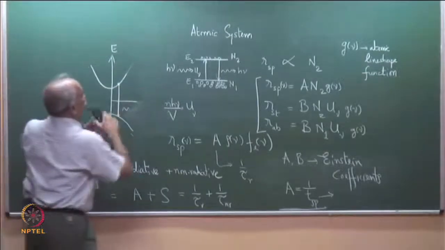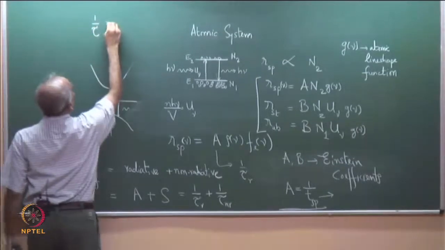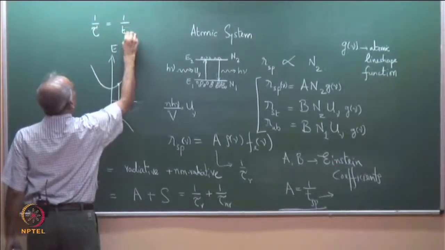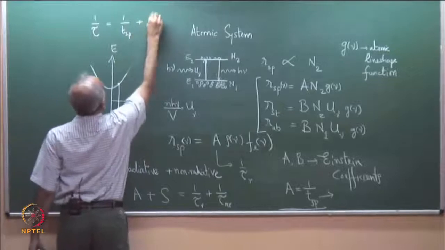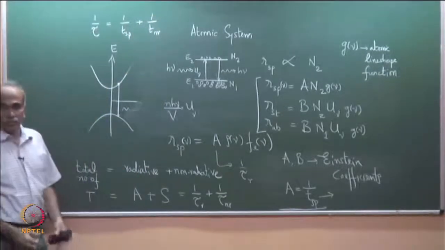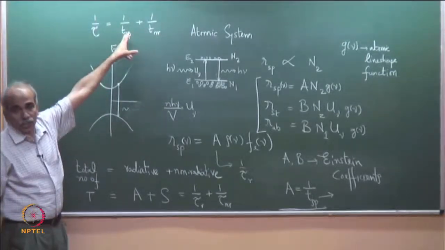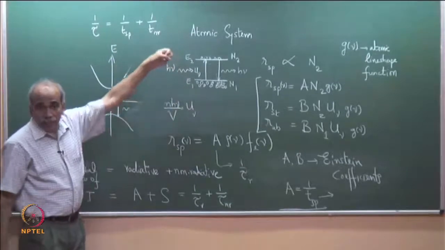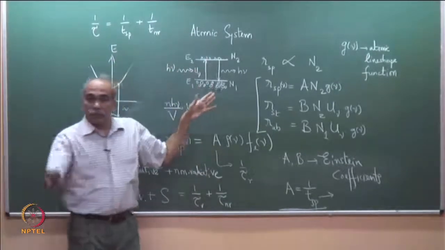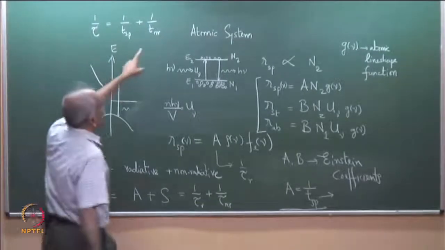In atomic physics there is also a relation that the lifetime tau is given by 1 over tau equal to 1 over TSP plus 1 over TNR, non-radiative transitions. TSP here refers to spontaneous emission, but an atom may also come down without even giving a photon, and these are called non-radiative transitions.